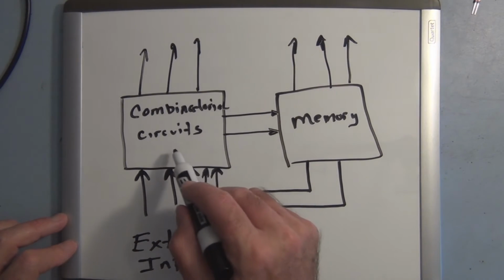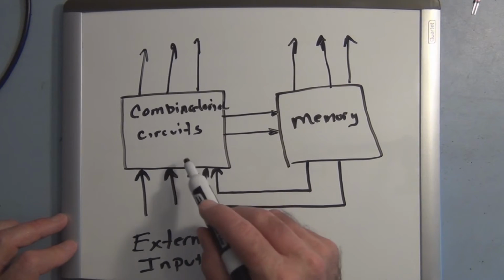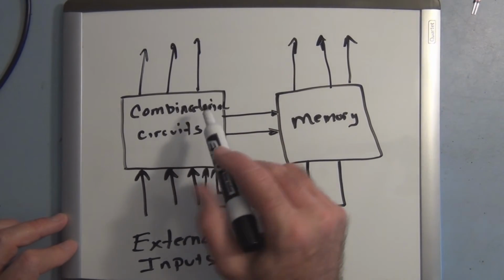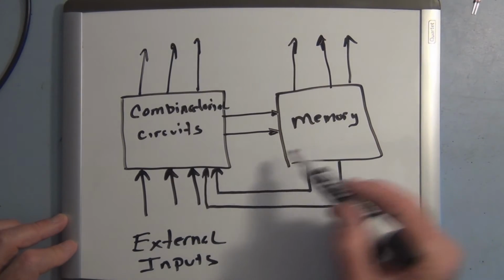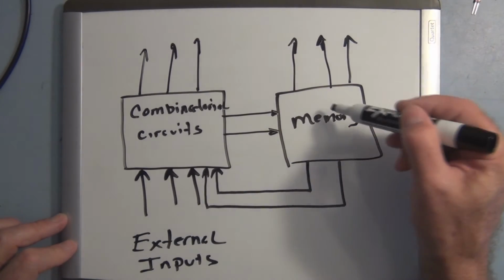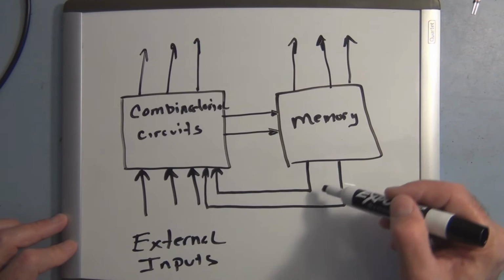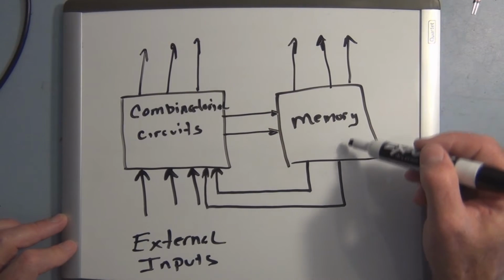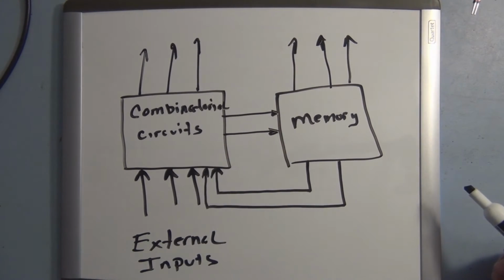So you have the combinatorial portion constantly producing outputs based on external inputs and also from inputs that were stored previously in a memory element.